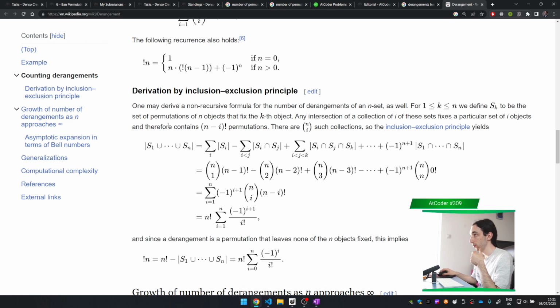We define Sk to be the set of permutations of n objects that fix the kth object. Fixing the ith object gives n choose one times n minus 1 factorial, and then you subtract the sum over the union of these, where you choose the ith and the jth, the intersection between these, and fix two objects.